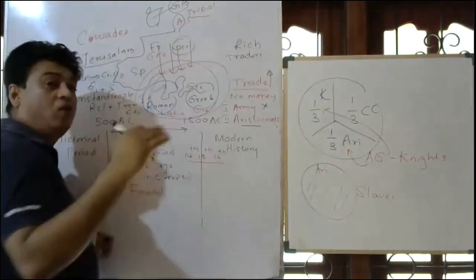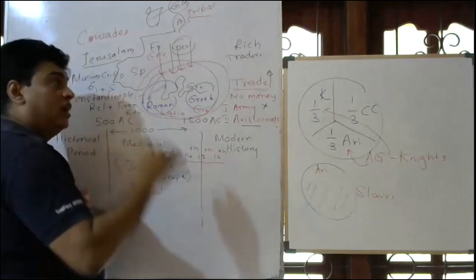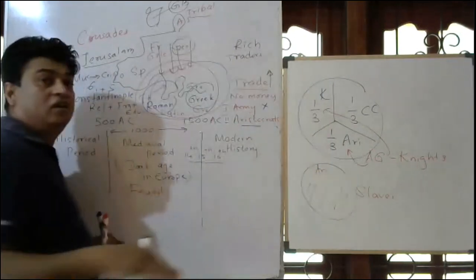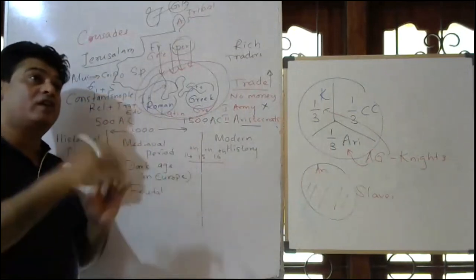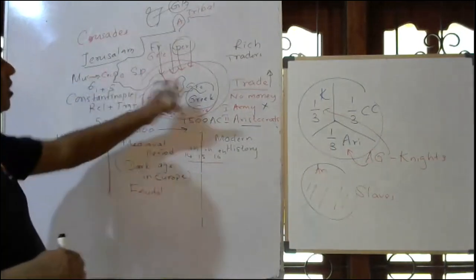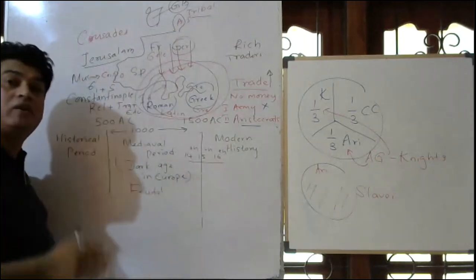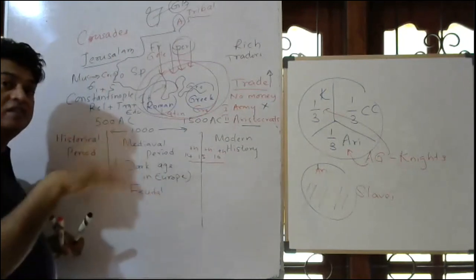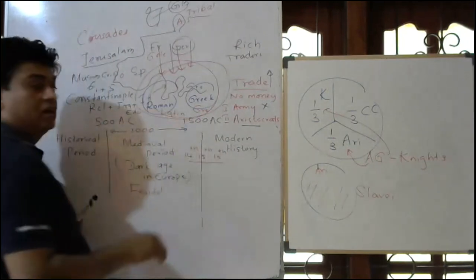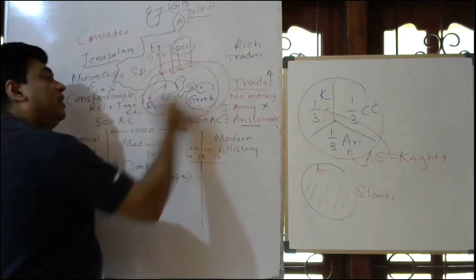These rich families wanted entertainment, so they started giving patronage to artists and writers for writing many things. Now the early Greek and Roman languages were revived because of this. What is the Renaissance? The Renaissance is the rebirth of early Roman and Greek civilizations.